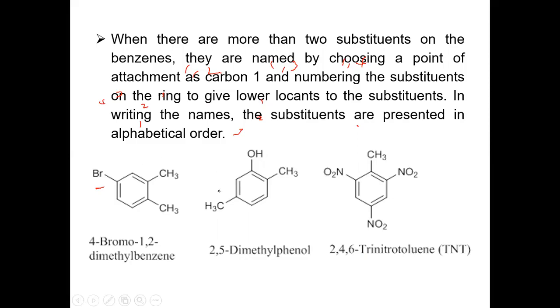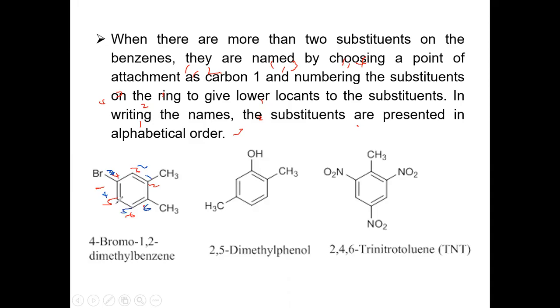Now, for the first compound, I can decide to number from here: 1, 2, 3, 4, 5, 6. Now I can also decide to number from here: 1, 2, 3, 4, 5, 6.